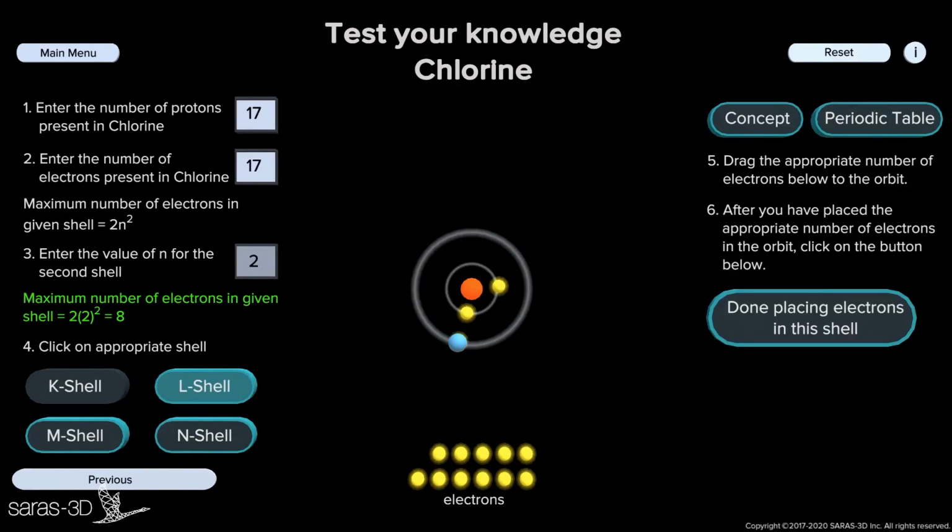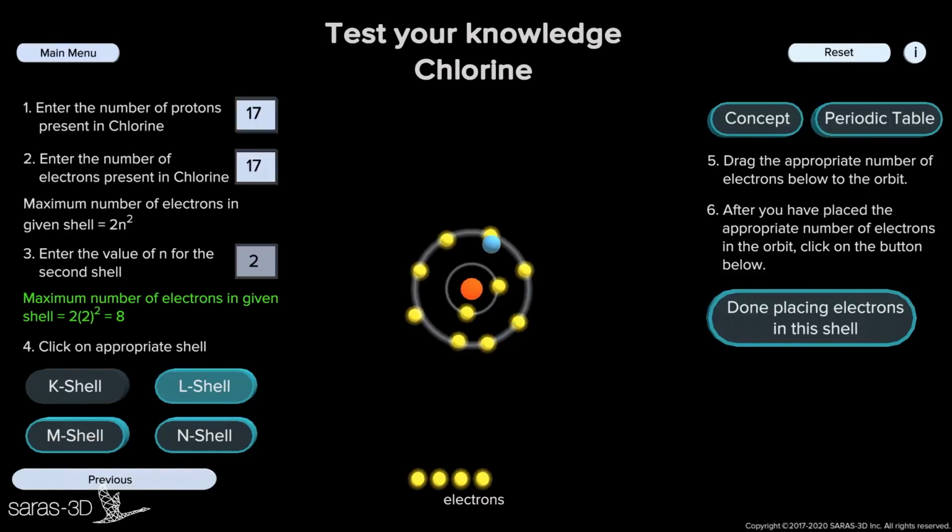So let's place 8 electrons here in the L shell, because we have to fill in 17 electrons, where 2 electrons are acquired by the K shell and 8 electrons can be accommodated in the next shell, that is the L shell. So we have already placed the maximum number of electrons that can be accommodated in each of these shells, that is 2 in the first shell, the K shell, and 8 in the next shell, the L shell.